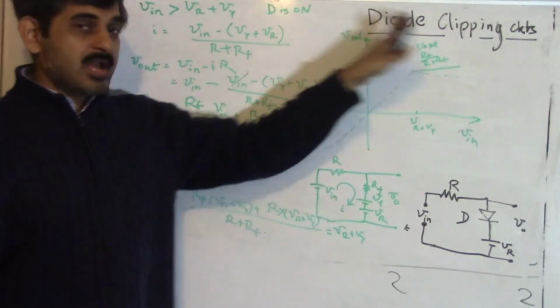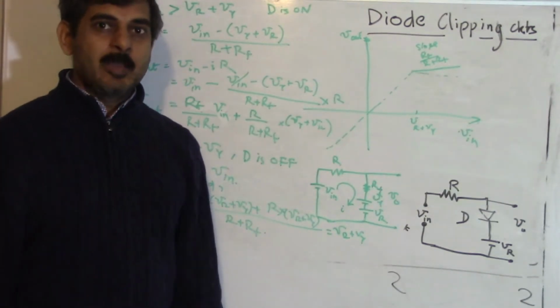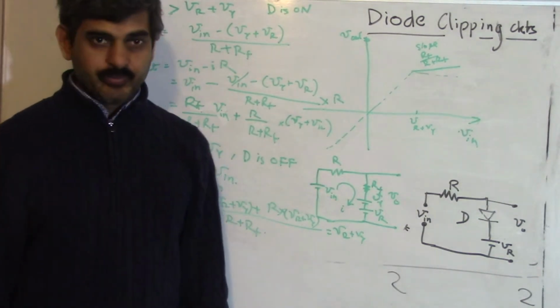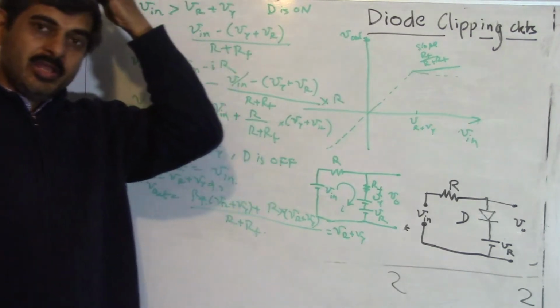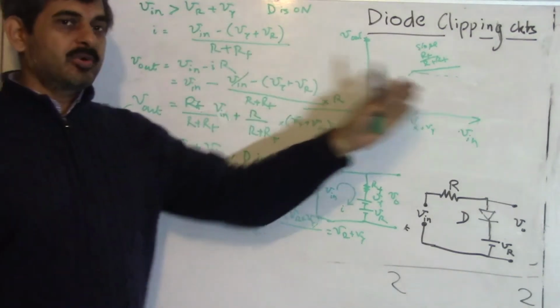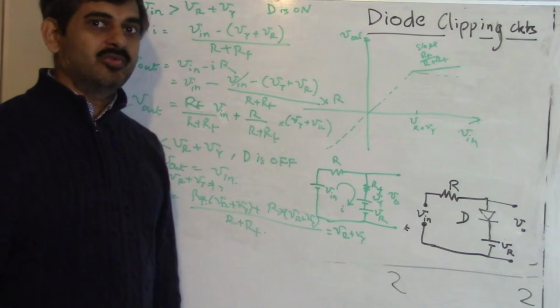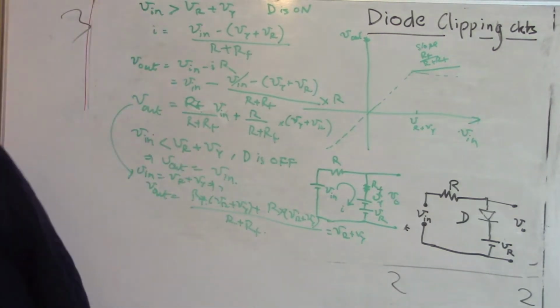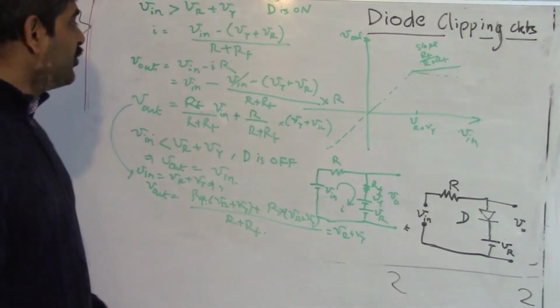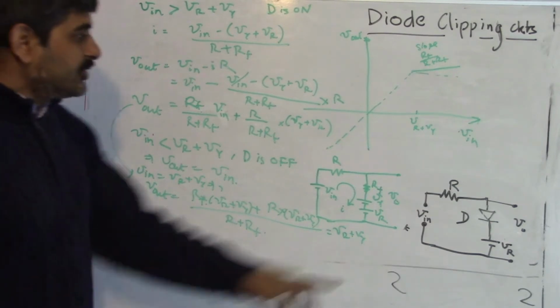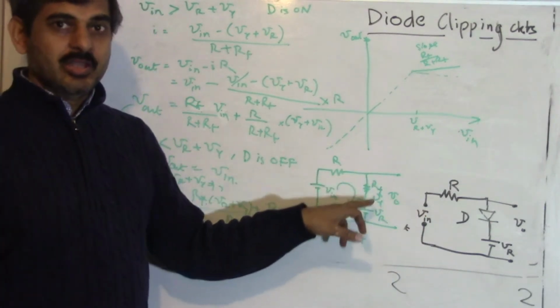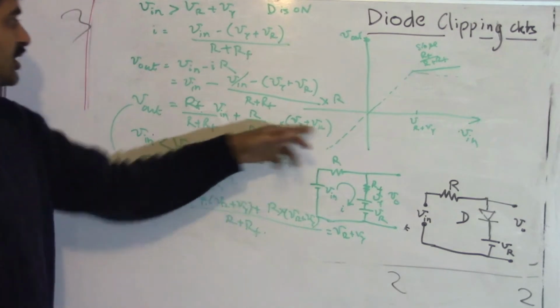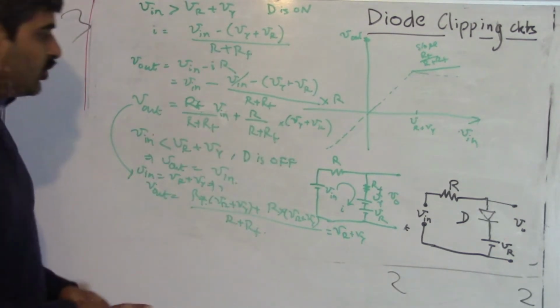With this transfer characteristics in place, we can proceed to plot how the output graph varies with respect to a given input curve. But before we do that, let's say this RF is 0. What happens to this equation when RF is equal to 0?